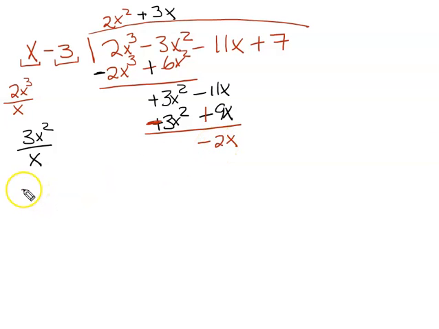Now again, we have a negative 2x divided by this x, and that's going to go negative 2 times. So x times negative 2 is a negative 2x. This is what we would expect.